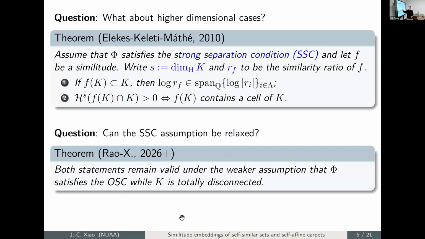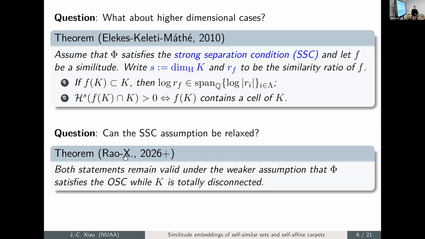But in that corollary, we consider the intersection of a different subsystem set together with K. So using some rescaling argument, you can actually reduce that problem to this self-intersection case, and then everything can be done. Okay, and my other question is about this theorem.